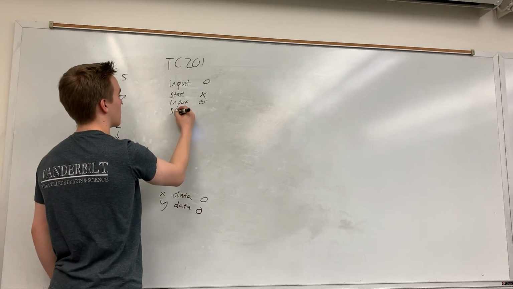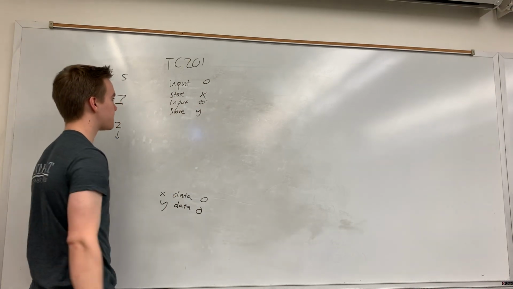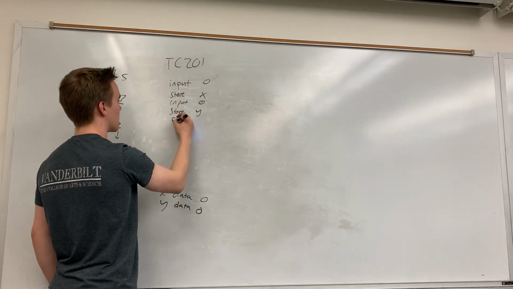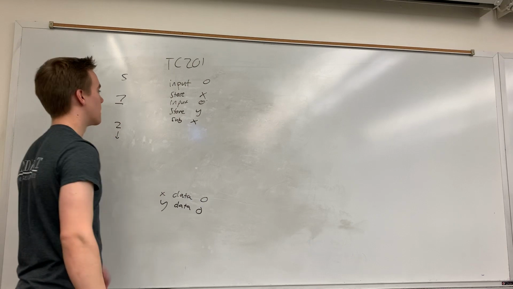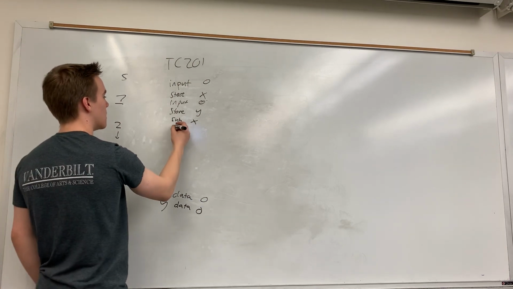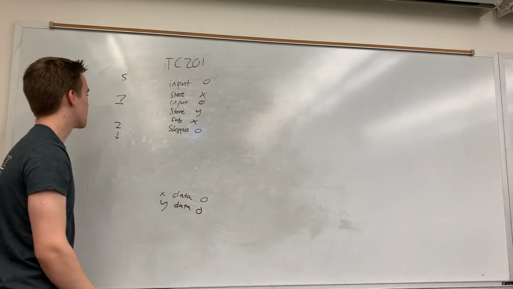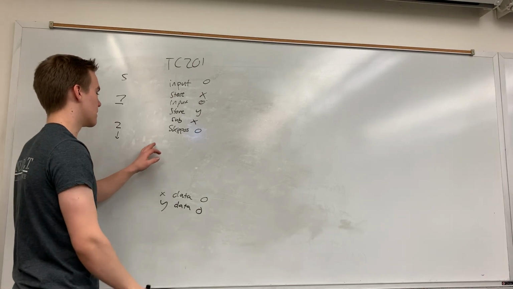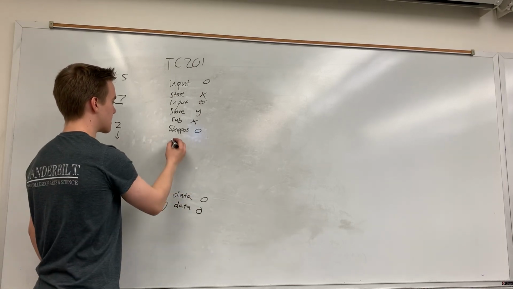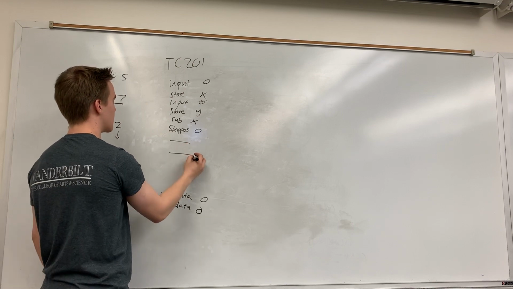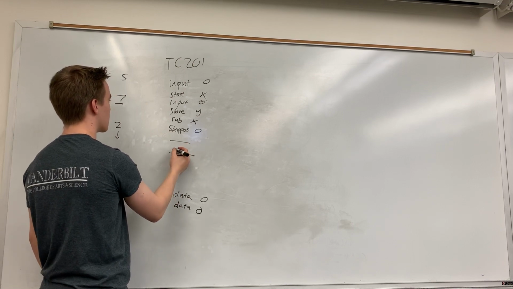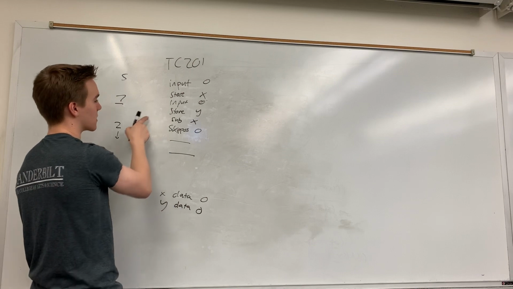So here I'm going to say store y. Then I'll say sub x. Right, this will give me 2 in my accumulator. I'll skip pos 0. So if it's positive, I'm going to skip this line and go to here, which means that this second number was larger.